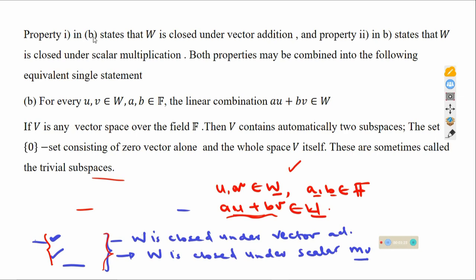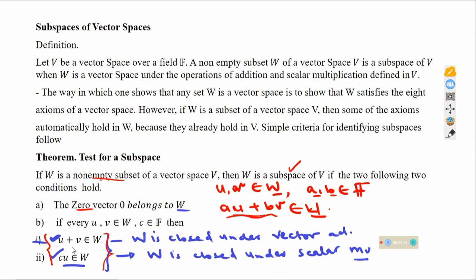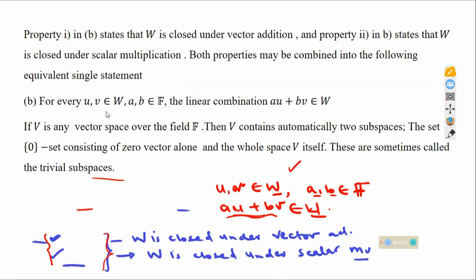So we are saying property 1 in B states that W is closed under vector addition, and property 2 states that W is closed under scalar multiplication. However, both properties may be combined into an equivalent single statement. If you want to combine these two properties into a single statement, then you do it the way we have done here.